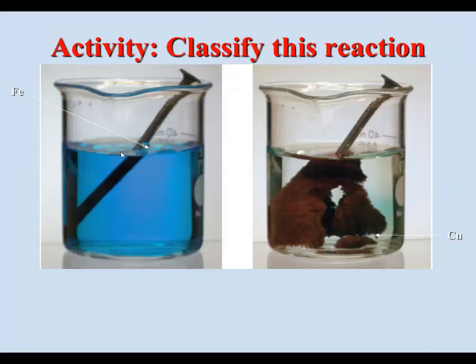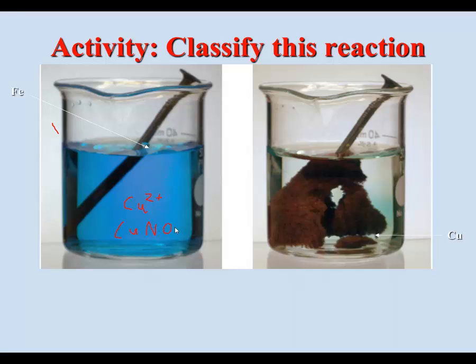Now here's a reaction where we're looking at solutions in laboratory, and we're using our observations to predict the type of reaction that's going on. So here I have a solution that's blue, and the blue solution contains copper 2 cations. So this could be, for example, let's say copper 2 nitrate.